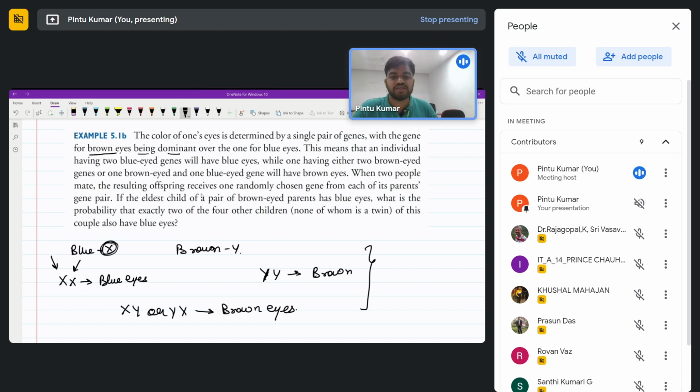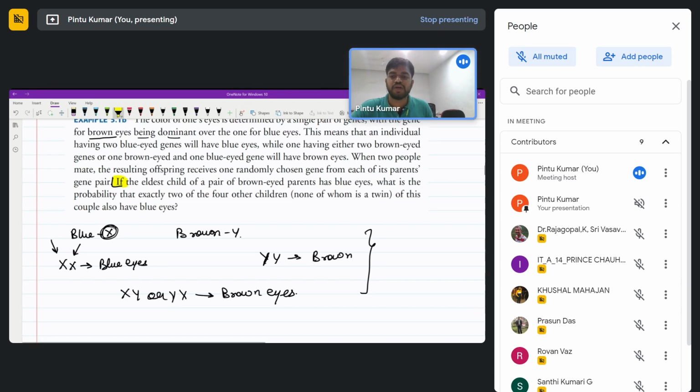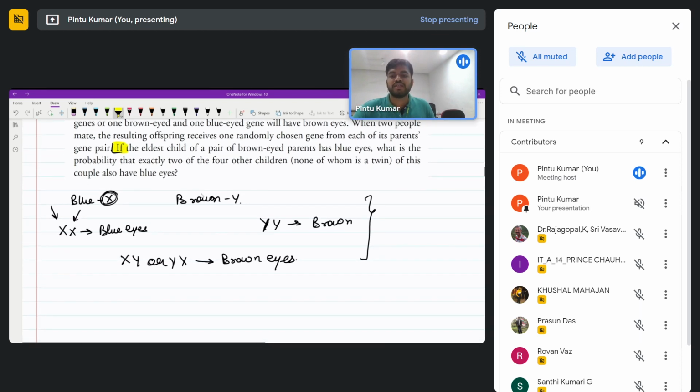Now, from here the main question starts. Above this, whatever is written, I have presented that information to you. It says that the eldest child of a pair of brown-eyed parents has blue eyes.